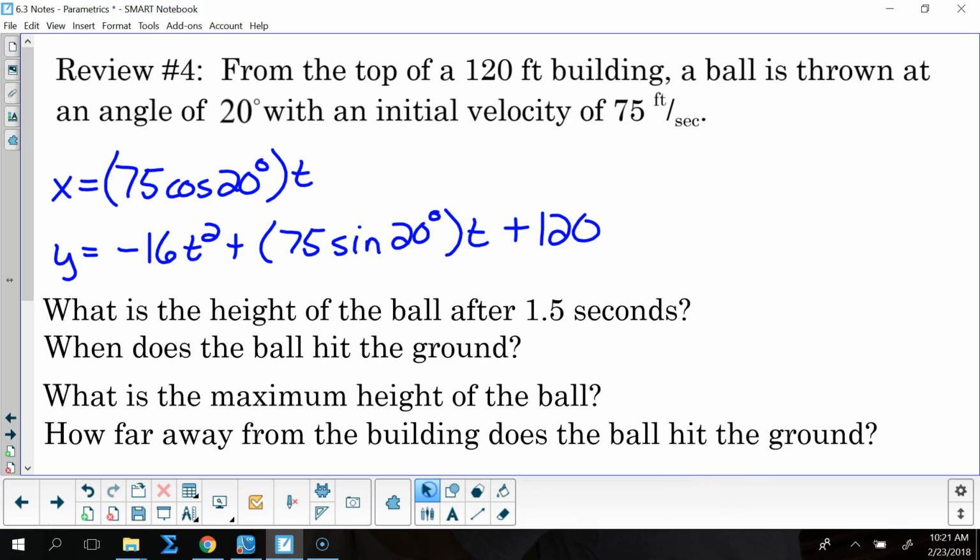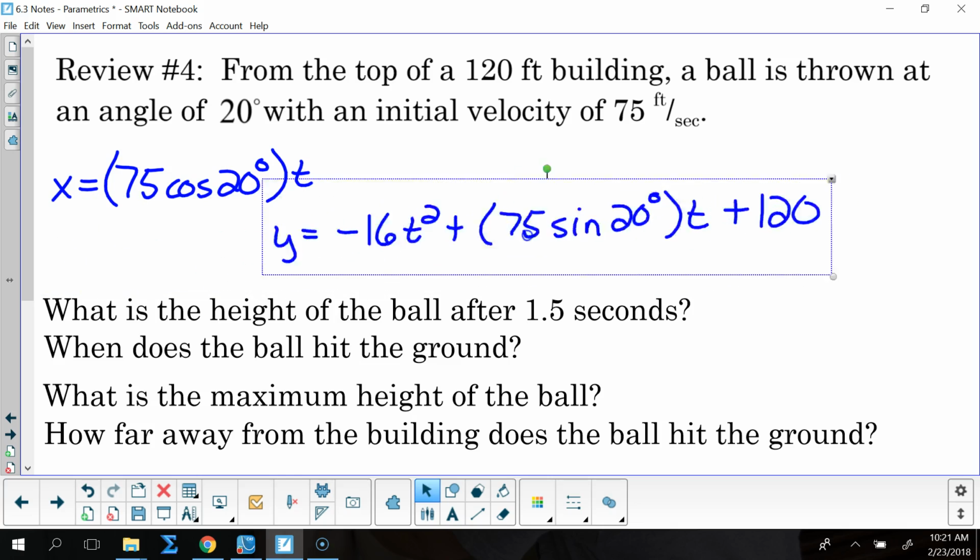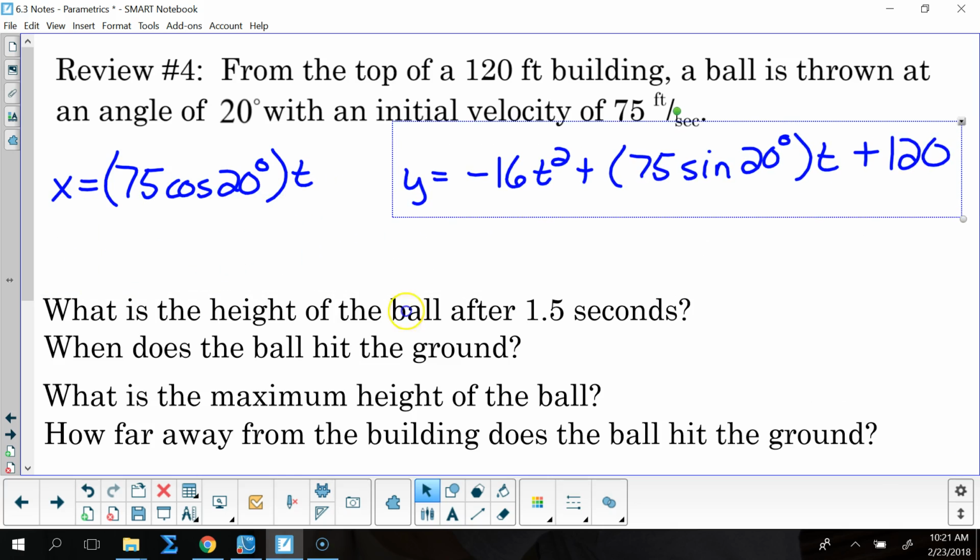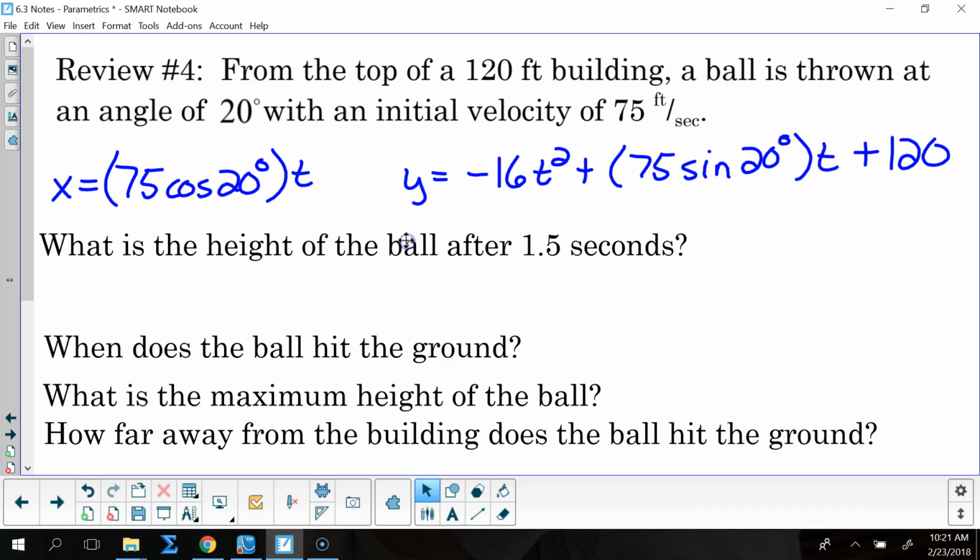Let me see if I can move this one over to there, which makes this be able to come up. So my question to you is, what is the height of the ball after 1.5 seconds? How do I find that? In which one? In the y equation.